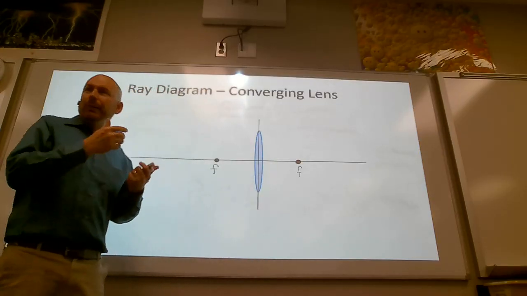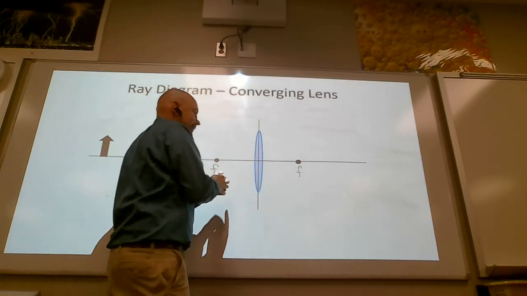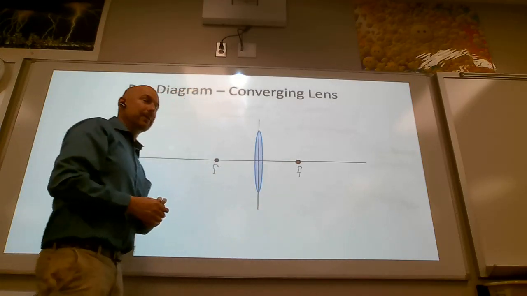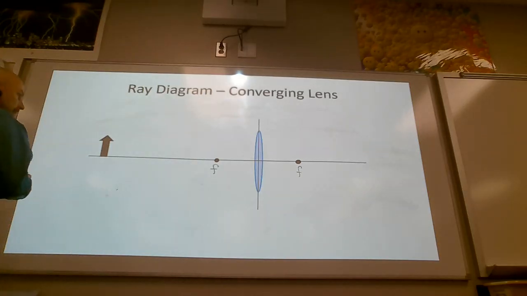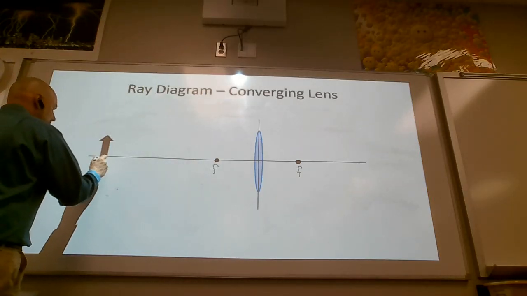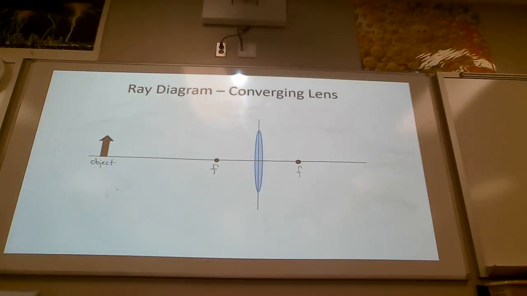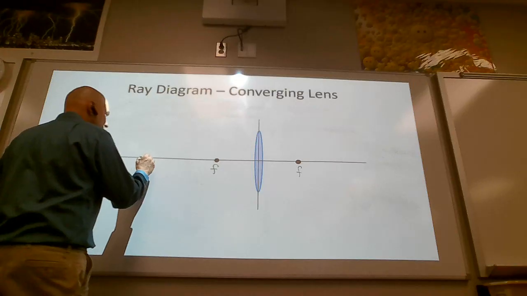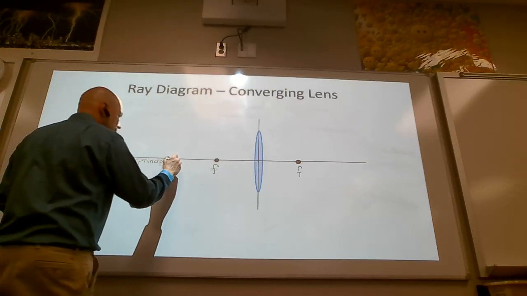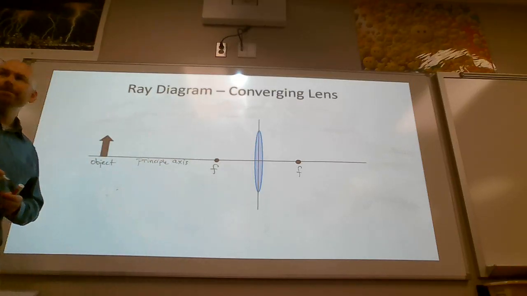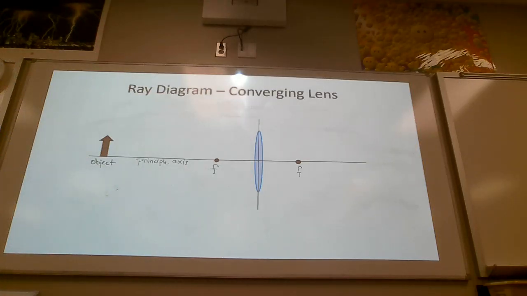It doesn't really matter what that length is, it just needs to be consistent from either side. And draw your object far away from the focal points. This is known as the principal axis. It's just a reference line to help us draw stuff. Good? Okay.